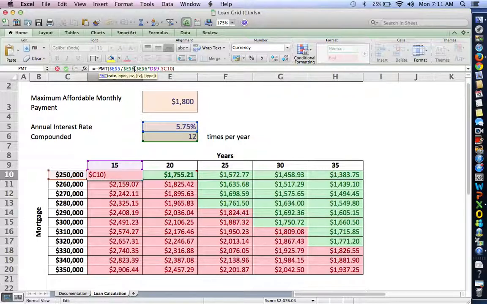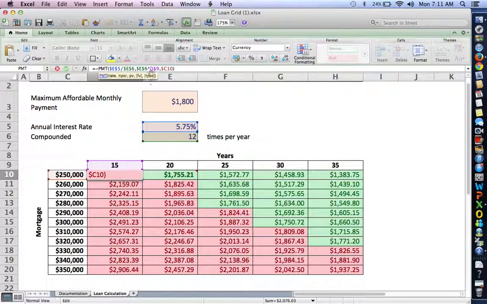The second argument was the number of payments, and for that I took the 12 times per year that a payment would have to be made multiplied by the term of the loan, which is 15 years, so 12 times 15.